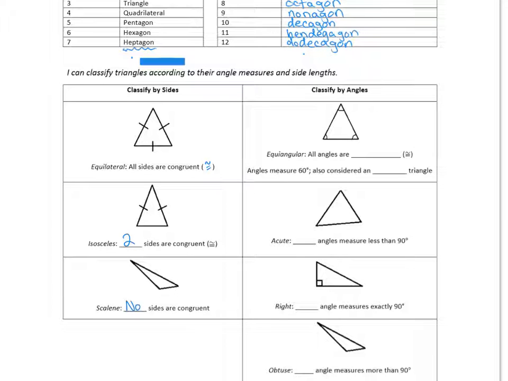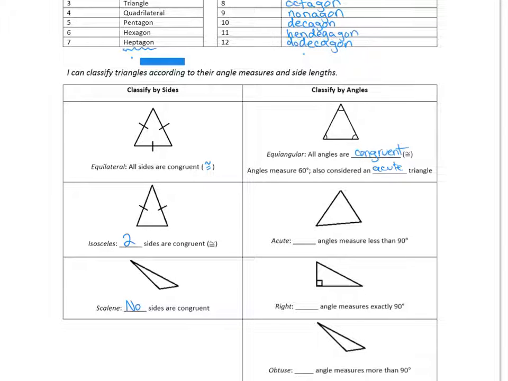Looking at the angles, a triangle is equiangular when all angles are congruent. All the angles will end up measuring 60 degrees, and it's also considered an acute triangle because all of those angles are in fact acute angles.